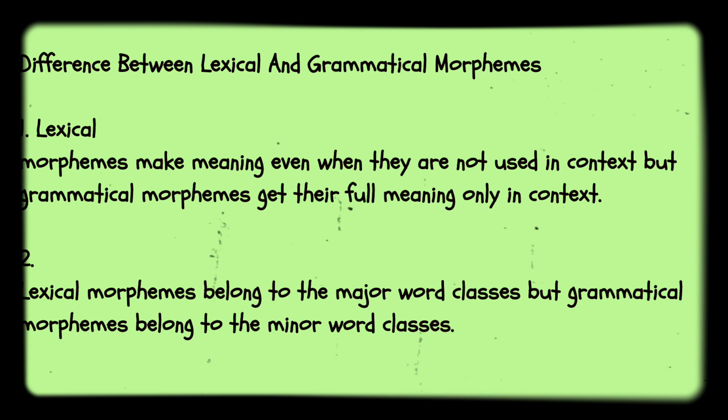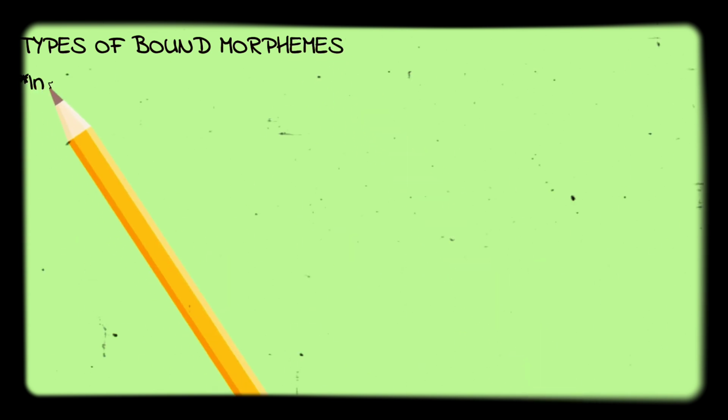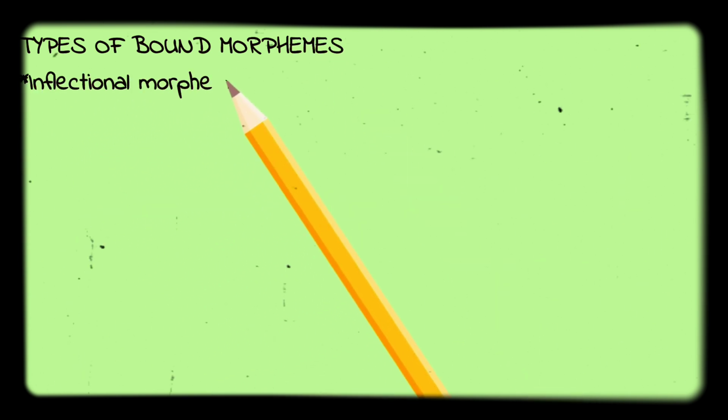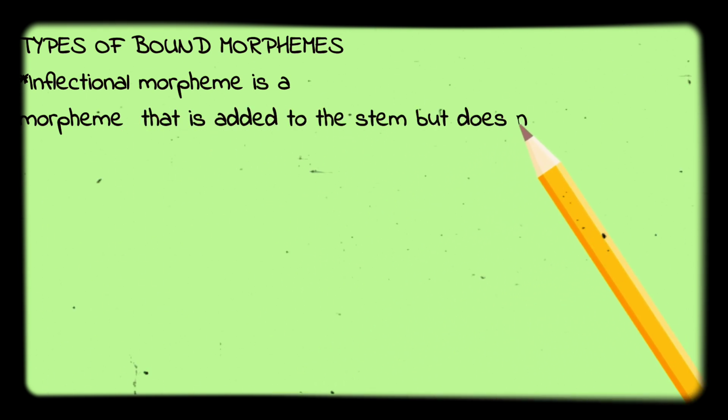Moving on, let's go to the types of bound morphemes. In the bound morpheme, we have the inflectional morphemes and the derivational morphemes. The inflectional morphemes are morphemes that are added to the stem but do not change the word class of a given word.